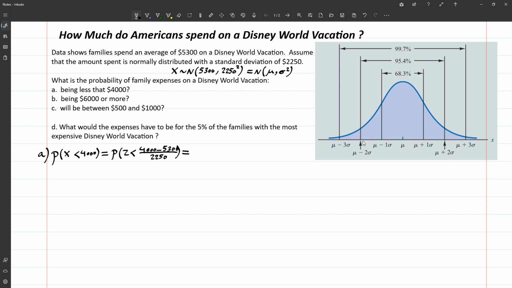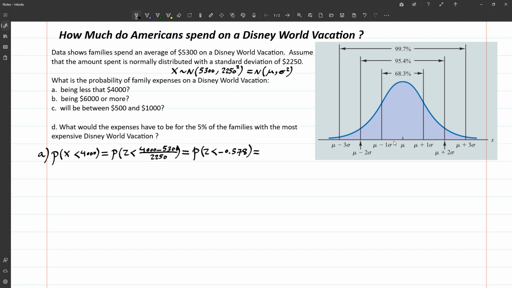Let me quickly compute: 4,000 minus 5,300 divided by 2250. We get negative 0.578. So we are interested in the chance that Z is less than negative 0.578.